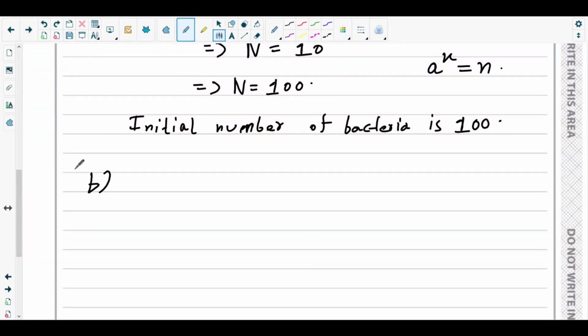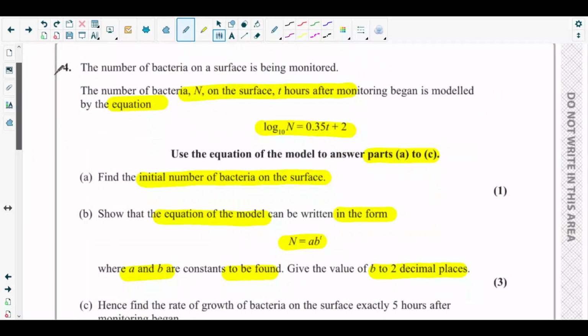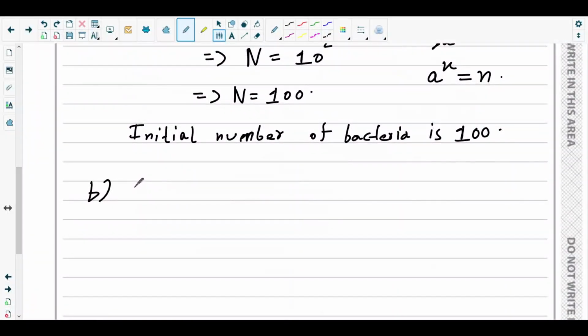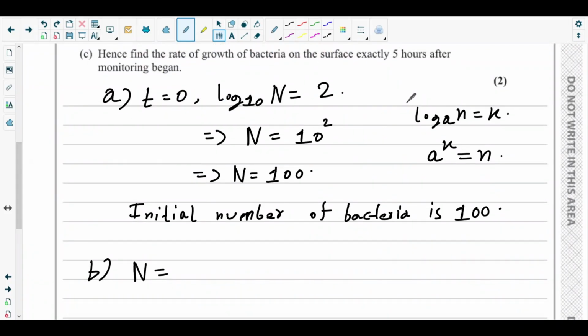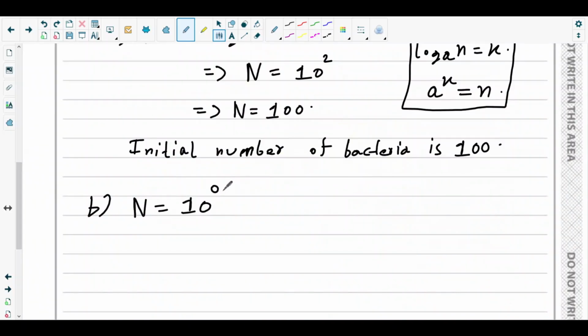The equation is given as log base 10 of n equals 0.35t plus 2. Using the formula for converting, n equals 10 to the power 0.35t plus 2.